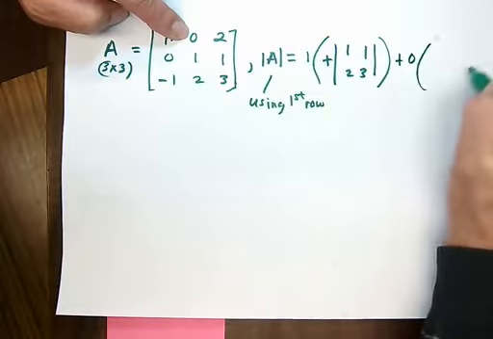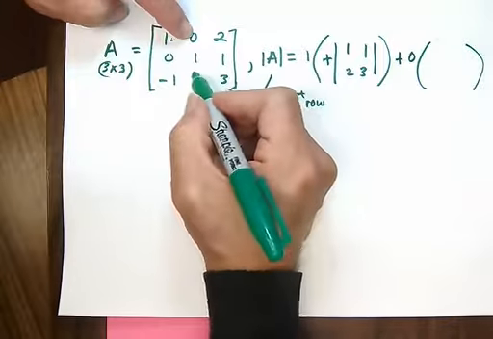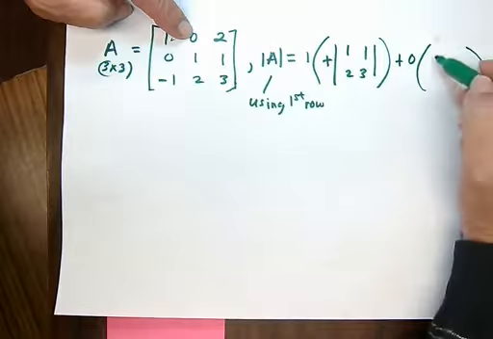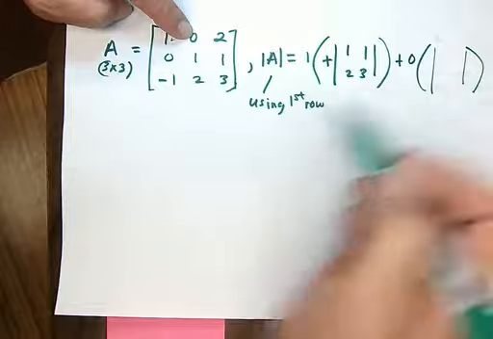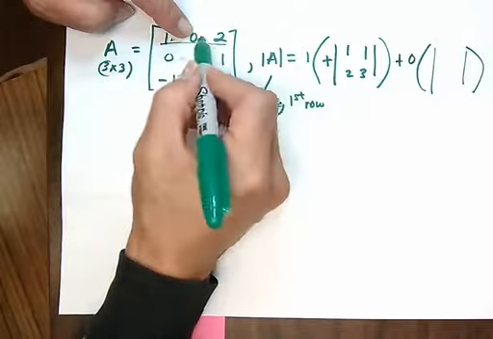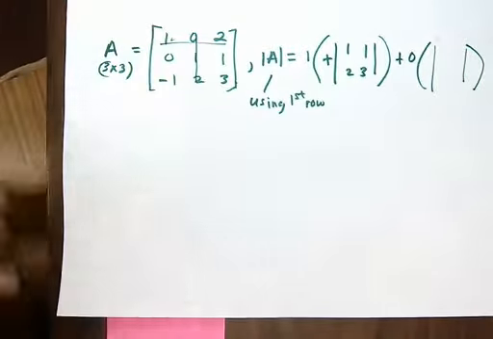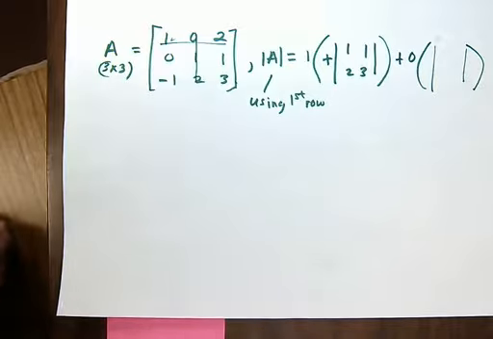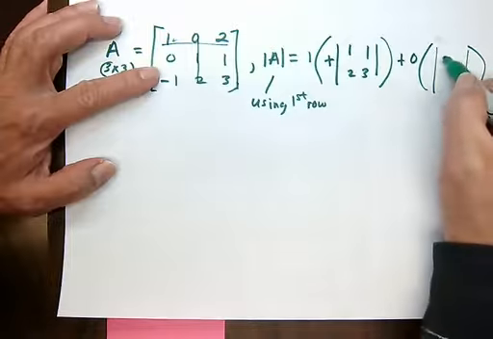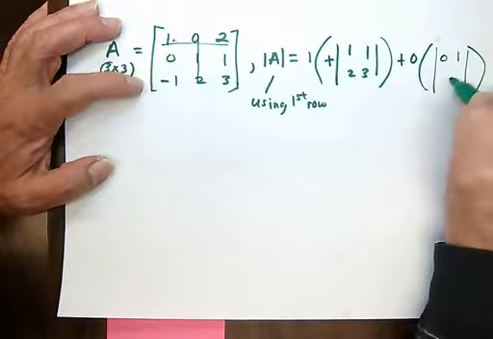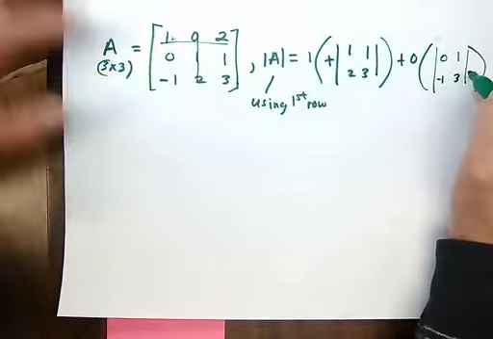Plus the next element, which is 0, times its cofactor. We first of all have to look at the minor of that element. We look at the subdeterminant of the A matrix formed after deleting the row and column containing that element. So we're left with the elements 0, 1, -1, and 3.